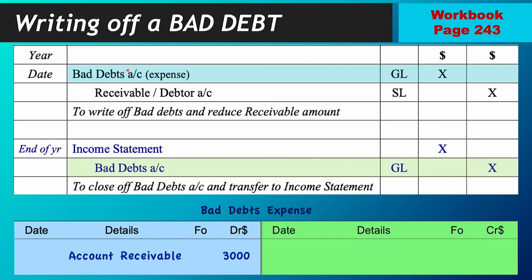You would put whatever the date is, income statement, to show that you are transferring it there. That is where it's going. And how much is your total bad debts? $3,000. So this is the only additional part now for your bad debts account, and this is how it would look, with on the debit side your accounts receivable, and on the credit side income statement.